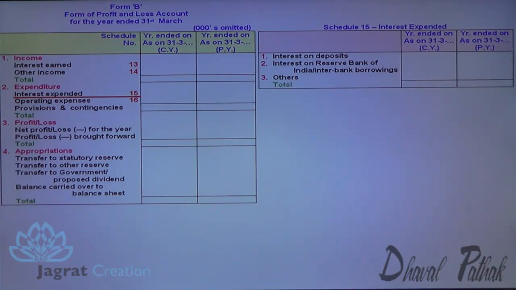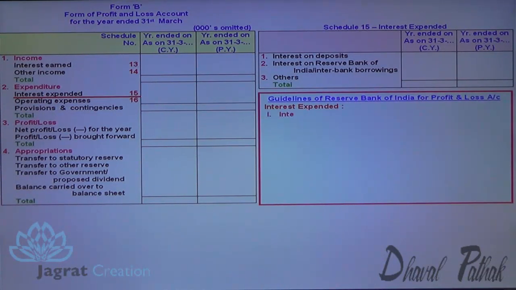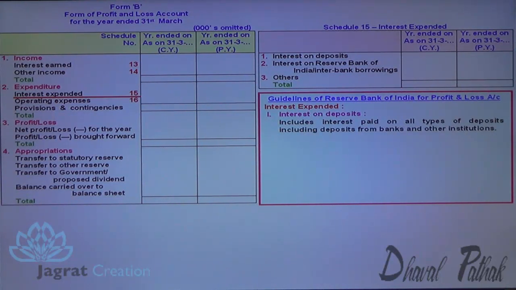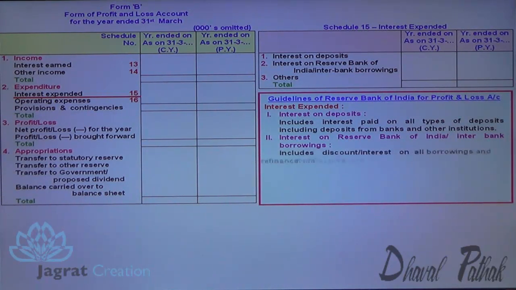Now interest on deposits. Let me explain. It includes interest paid on all types of deposits, including deposits from the banks and other institutions. Interest on Reserve Bank of India and interbank borrowings: so on the borrowed funds you are required to pay interest.